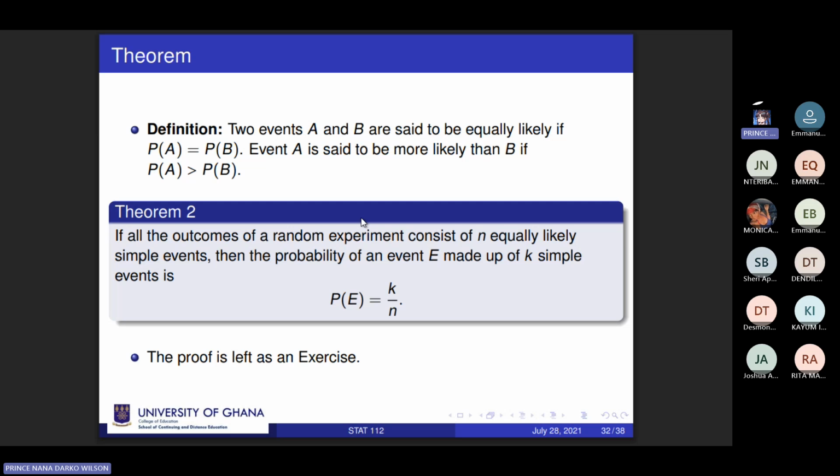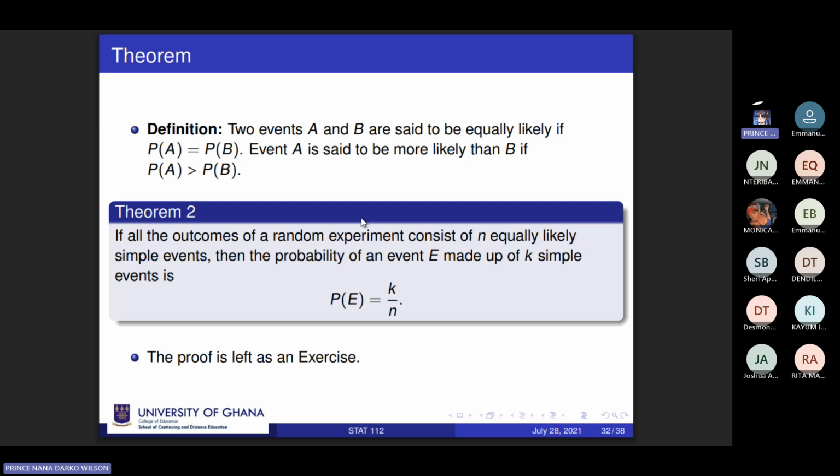So you can compare them to see that the probability of an even number occurring is far greater than the probability of a multiple of 3 occurring when a fair die is tossed. So that's what it says. If you say they are equally likely, then it means they have an equivalent probability. However, if one's probability is greater than the other, then the chance of that event occurring is more likely than the chance of the other occurring.